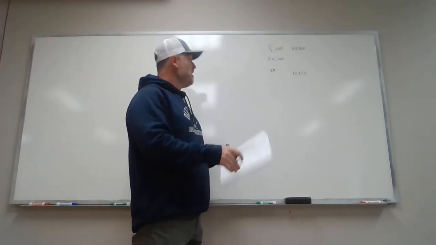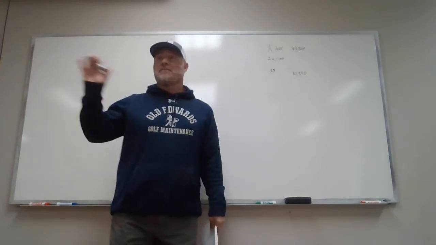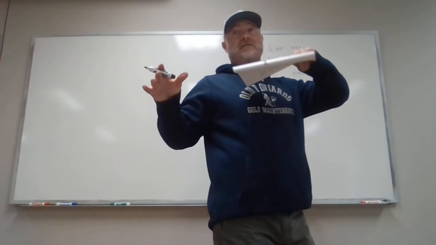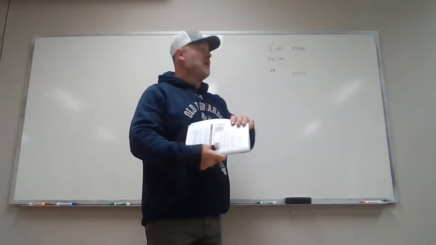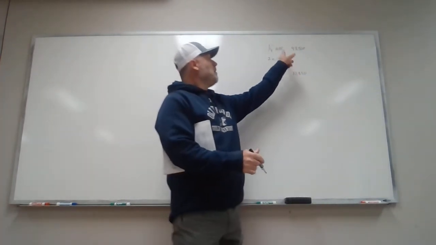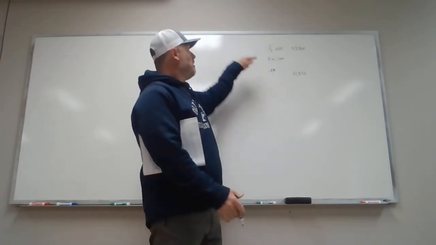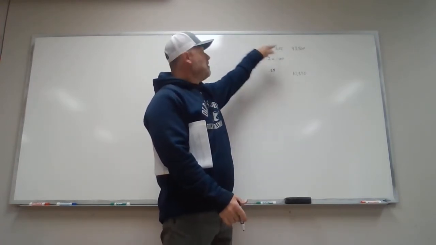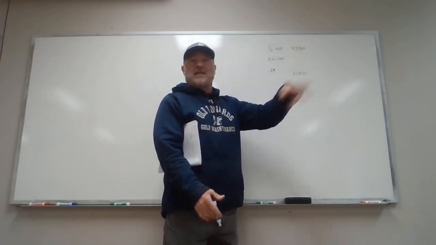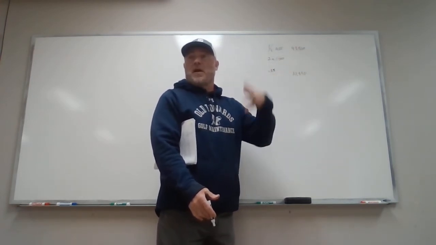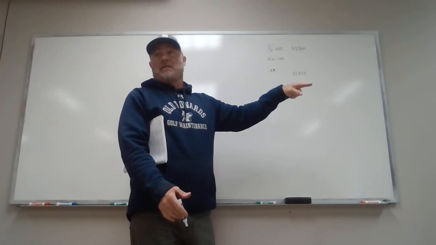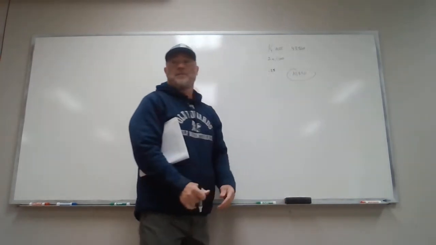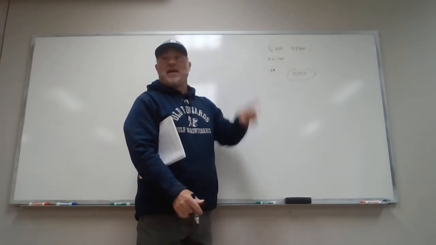So I'm looking at this, and I'm just going to guess right off the bat, right? I want everybody to see this. I'm not going to look at the answer. You have 1/4 of an acre. An acre's 43,560. That number keeps popping up. We need 1/4 of that. That's this number, right? 2 ounces per 1,000.